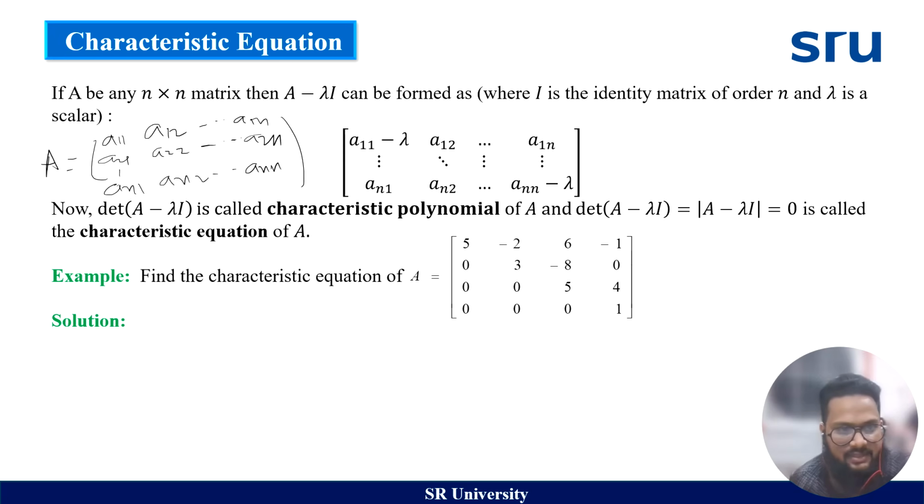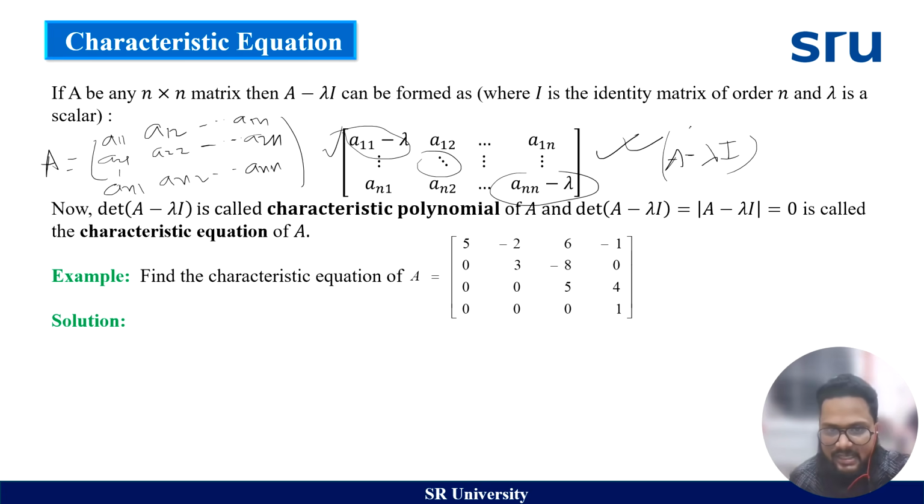Then if we take this A and A minus lambda I, you know I is the identity matrix. If A is of order n, then I also has to be of order n. So this represents A minus lambda I. Basically you can see that you are getting minus lambda terms in all the diagonal elements.